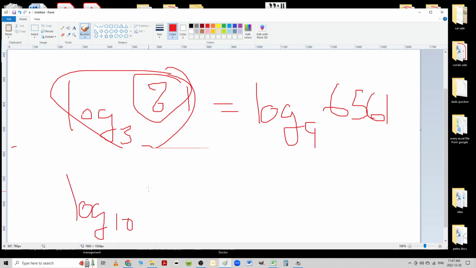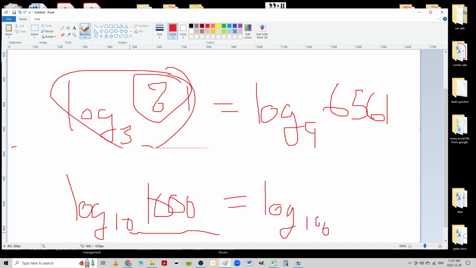Clearly, the answer here is 3. So if I square the result over here, or the base over here, I must square the result up here to get the same answer of 3. And you will discover, yeah, it works.